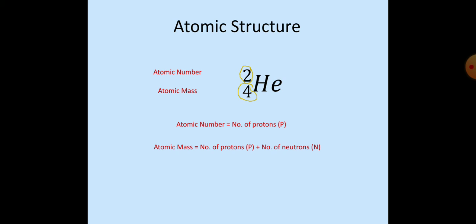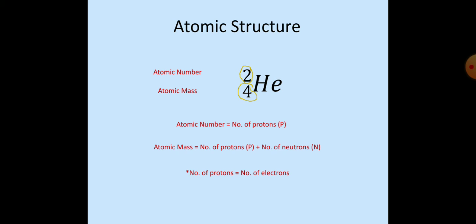Okay? So basically, the formula for the atomic mass is the number of protons plus the number of neutrons. So take note also that most of the time, hindi lahat, pero madalas class, the number of protons is also equal to the number of electrons. So alam niyo naman yan, no?